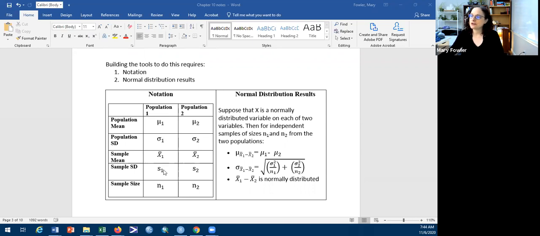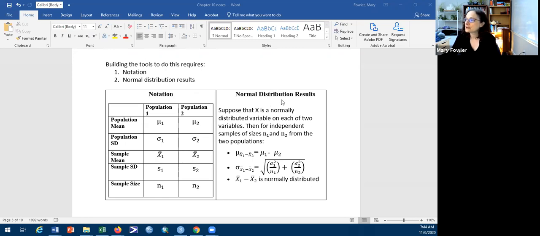We're just going to add to our standard notation the subscript 1, and that will indicate that it comes from the first population, however we define that. And then over here, we're going to do the same thing for all the population 2 values, whether they're population values or sample values, they also get the subscript 2. So that's the notation we're going to be using in the chapter.